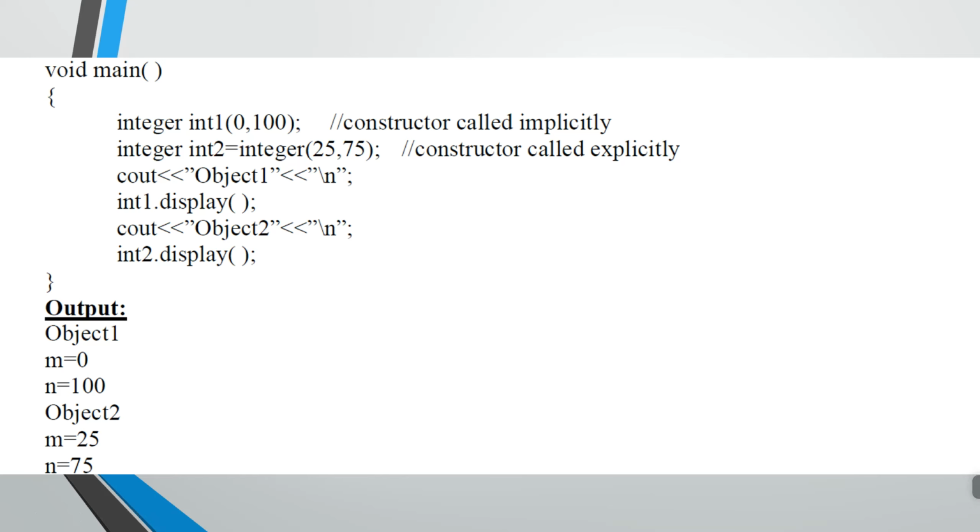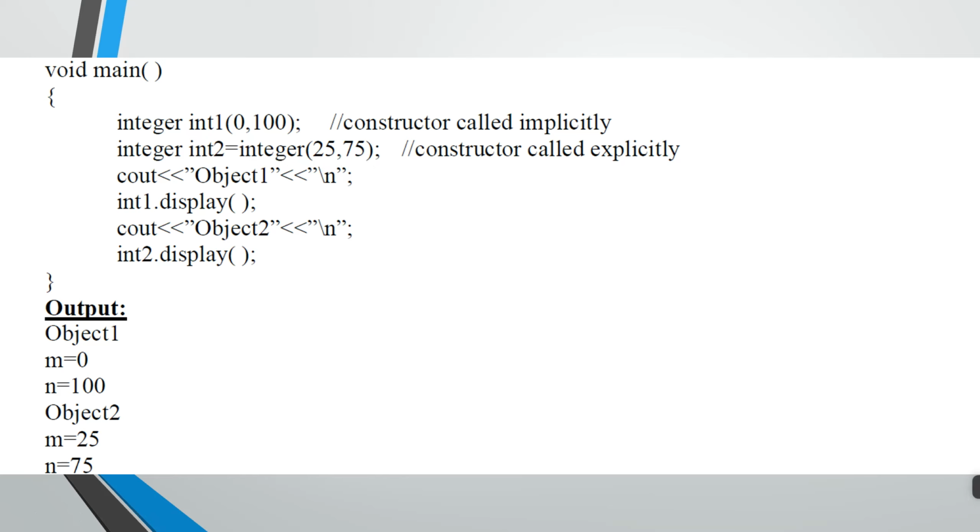I have proven it over here. int1 is declared with int1.m to be 0, int1.n to be 100, whereas int2 is an object which has int2.m to be 25 and int2.n to be 75. int1 is initialized to a different value, int2 is also initialized to a different value, even though they belong to the same class with the same constructor.